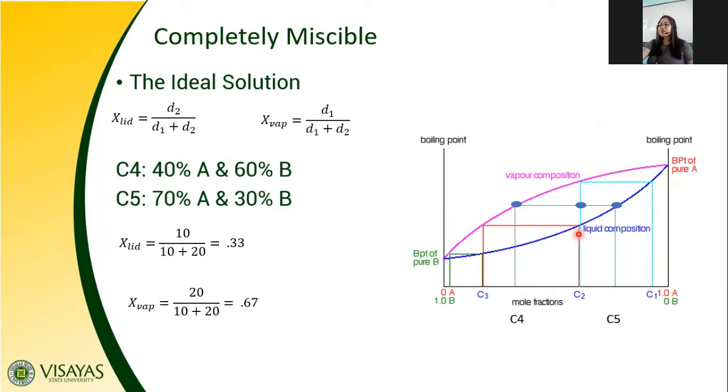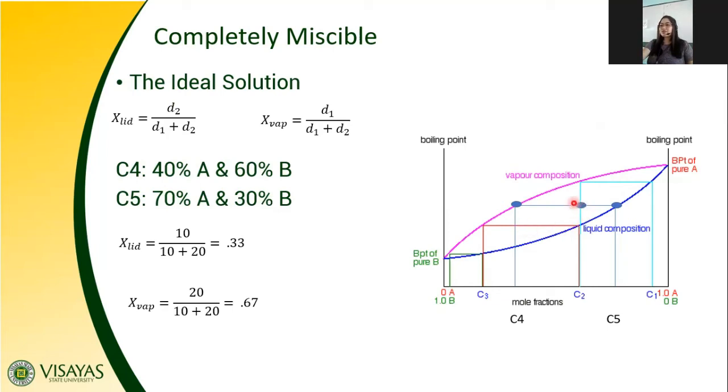But if we increase the temperature of this C2 liquid system, as you can see here, this point is at a higher temperature than the bubble point. In between these two tie lines, you can have the equilibrium. Therefore, two phases exist, the liquid phase and the vapor phase.